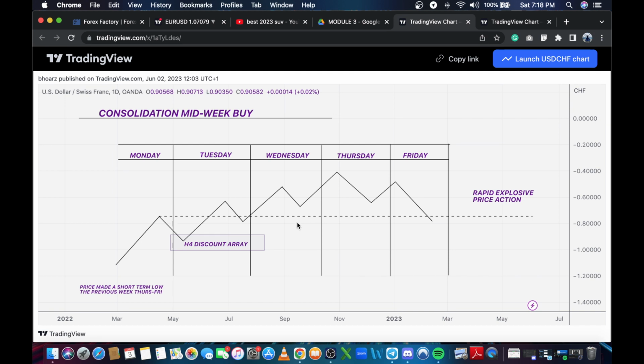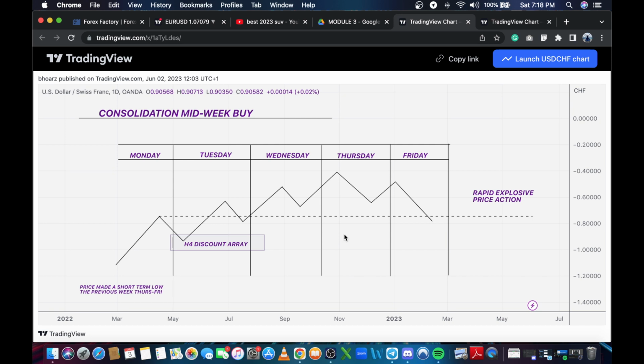Okay, higher time frame premium or discount, it will occur there and then see continuation. But sometimes it could form around a 4-hour time frame or 1-hour time frame premium or discount. So for consolidation midweek buy, if it does not form around a daily discount, it could form around a 4-hour discount or a 1-hour discount.